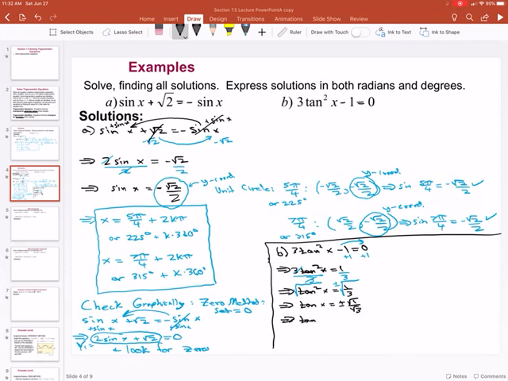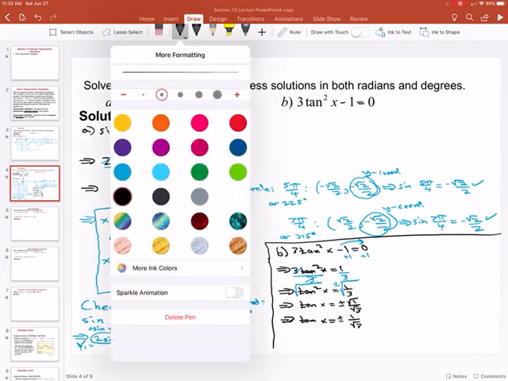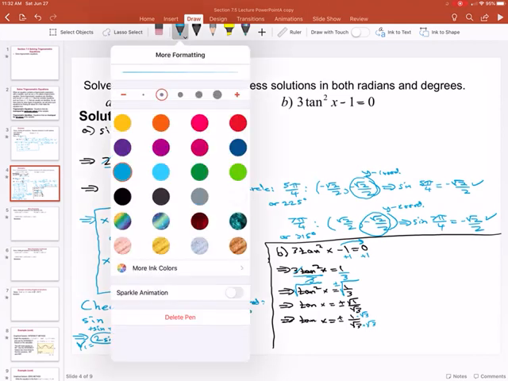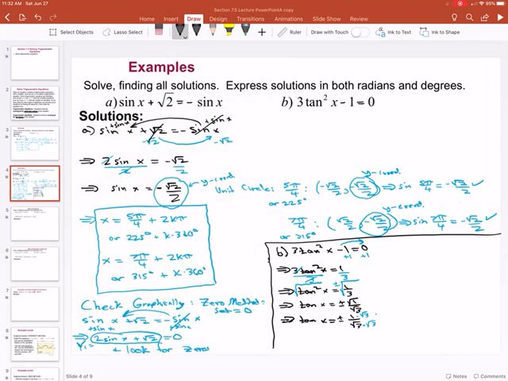You can rationalize if you like: we multiply numerator and denominator by the square root of 3. What do we get? We get tan of x equal to plus or minus square root of 3 over 3.